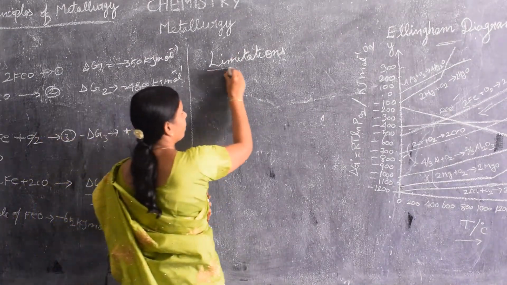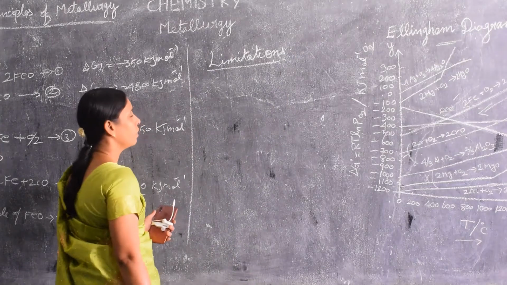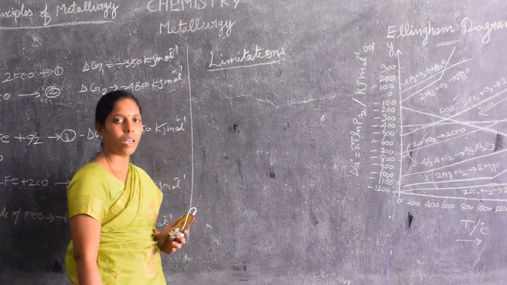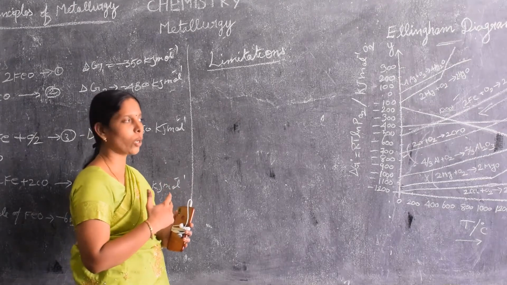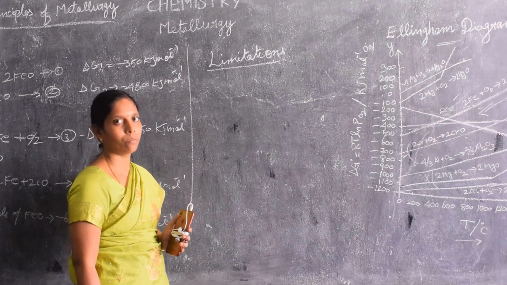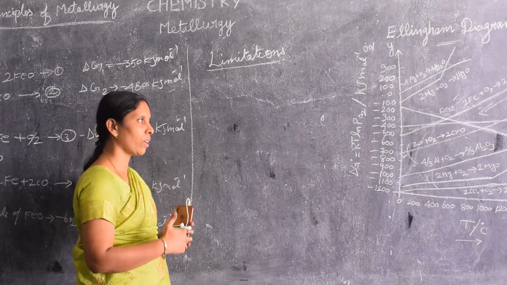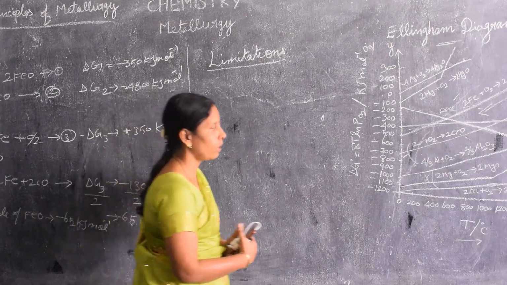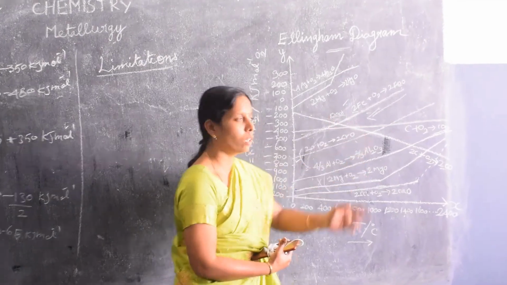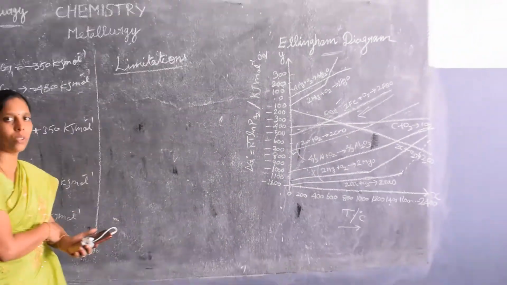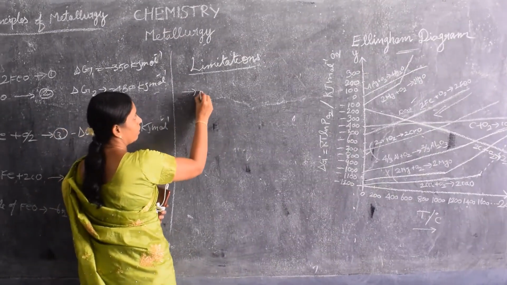What are the limitations? First of all, the Ellingham diagram gives information only about thermodynamic feasibility of the reaction. அதில் மட்டும் தான் காமிச்சிருக்காங்க. லோ டெம்பரேச்சர் ஹை டெம்பரேச்சரில் feasibility ஆகுதா இல்லையா பார்த்தோம் இல்லையா. ஸோ தெர்மோடைனமிக் feasibility ஆஃப் த ரியாக்ஷன் அது காமிச்சிருக்காங்க.